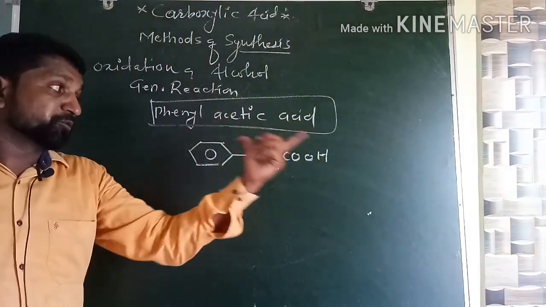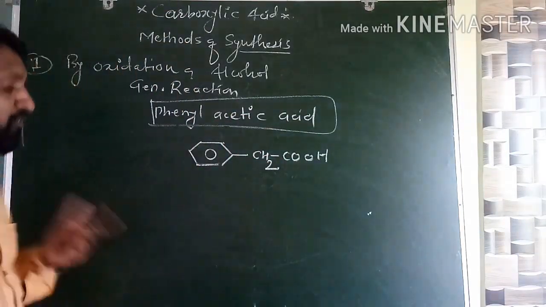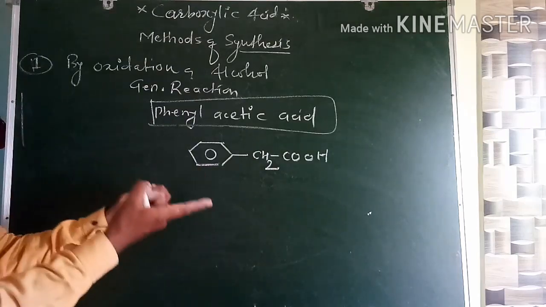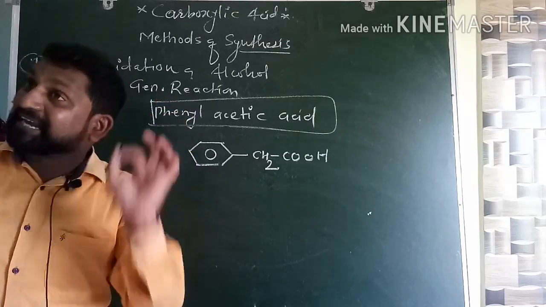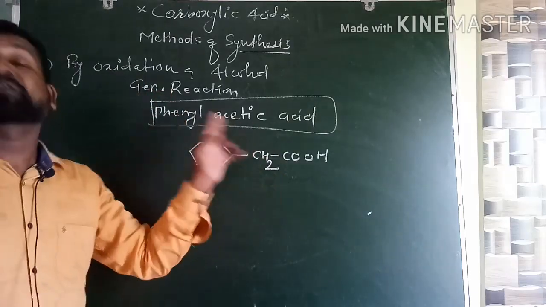So this product we want to prepare from alcohol. Now decide the reactant. You should be able to find the starting material right from the product.